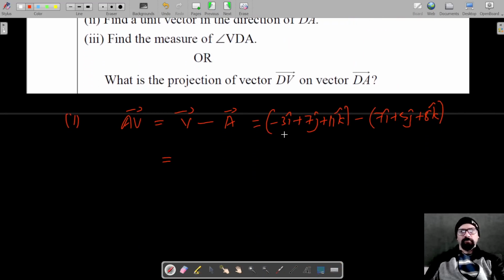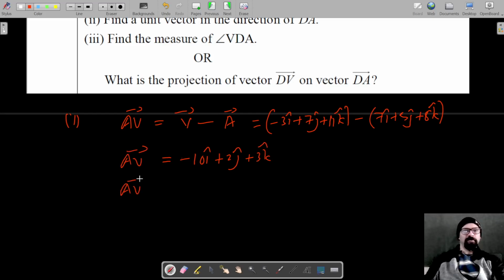So this is equal to minus 3 minus 7 is minus 10i cap, 7 minus 5 is 2j cap, 11 minus 8 is 3k cap. So this is the AV vector.